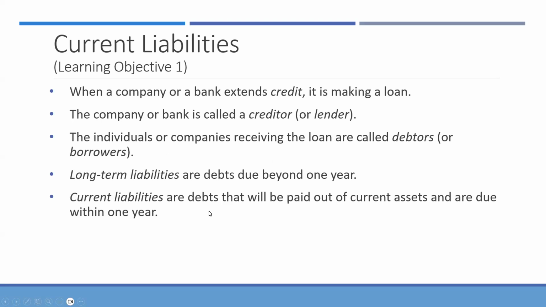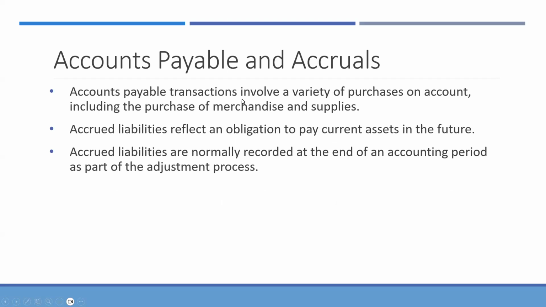The accounts payable or purchases on account are current liabilities because they're expected to be paid within the current year, and they're usually to purchase merchandise and supplies on account or inventory or services. Accrued liabilities are an obligation to pay current assets in the future.